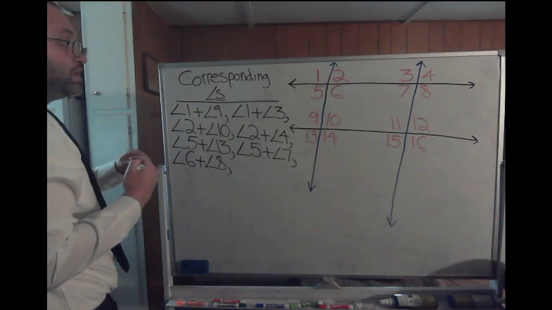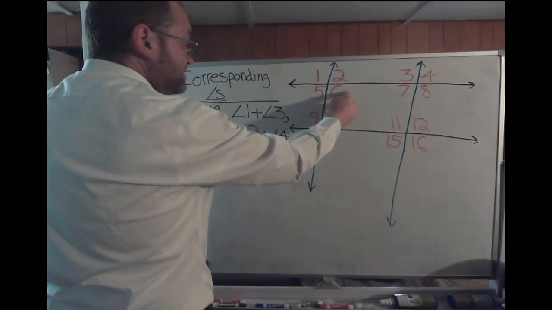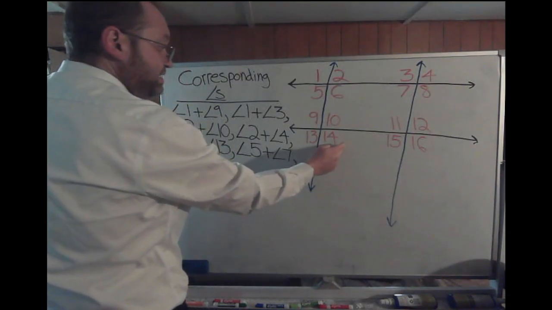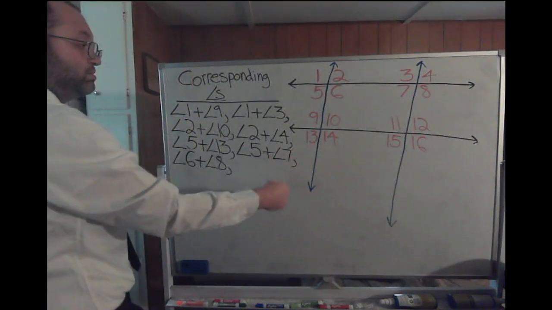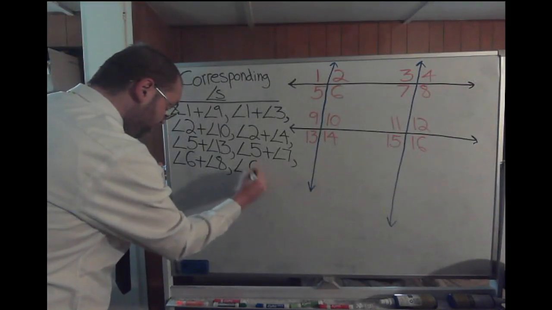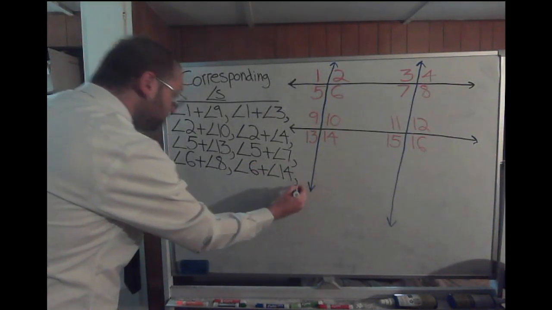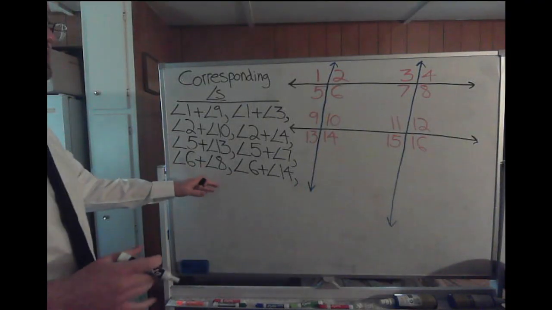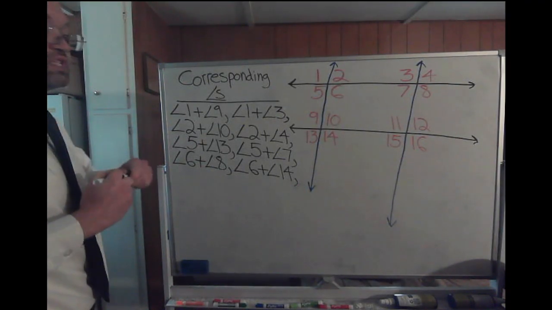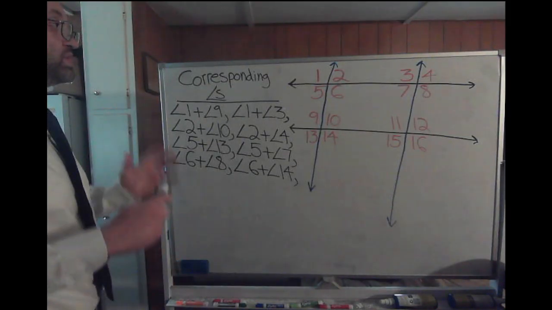And then angle 6 is in the bottom right of this intersection, angle 14 is in the same position at the bottom right of that intersection. So we also have angle 6 and angle 14 are corresponding angles. So corresponding, they're kind of in the same position with respect to the lines. Those are corresponding angles. Okay.